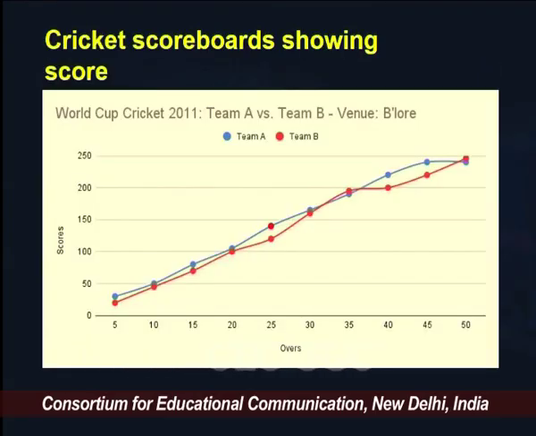Similarly, if you see a cricket scoreboard, as India is a cricket loving nation, all of you must have seen this particular visualization while watching a cricket match. Instead of looking over the numbers, it's very easy to look over this graph and understand how the scorecard evolves for two different teams.